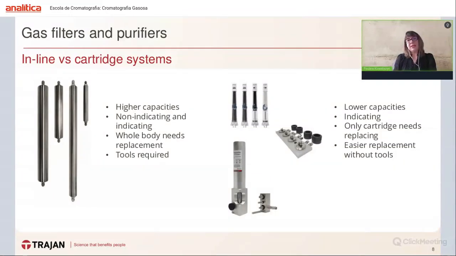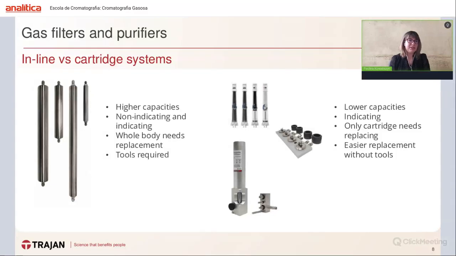So talking about the gas filter, I will explain a little bit what different options we have and which one could be better or worse for your application. I would like to differentiate first that we have inline gas filters, and we can also have cartridge systems.